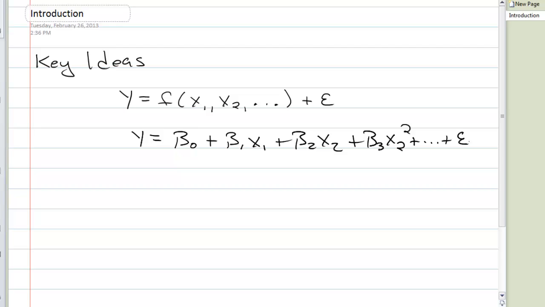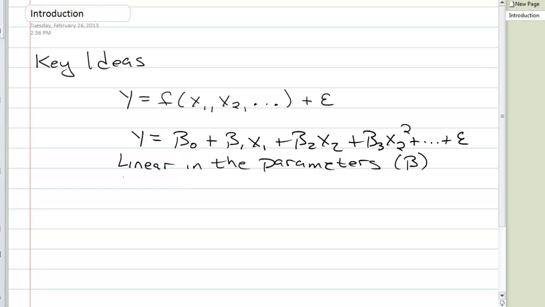It's called a linear model because it's not about being linear in the x's. Notice that we have a square term for x2, but it's linear in the betas. Linear in the parameters, which we're calling the betas.